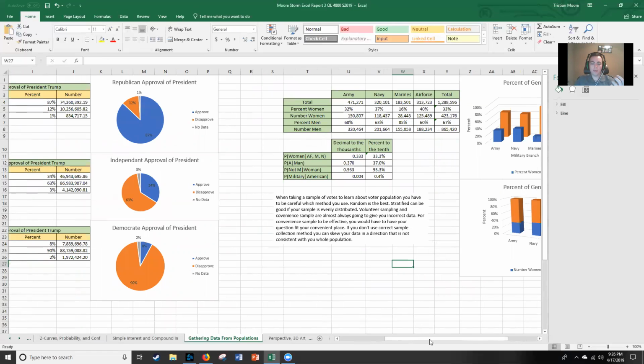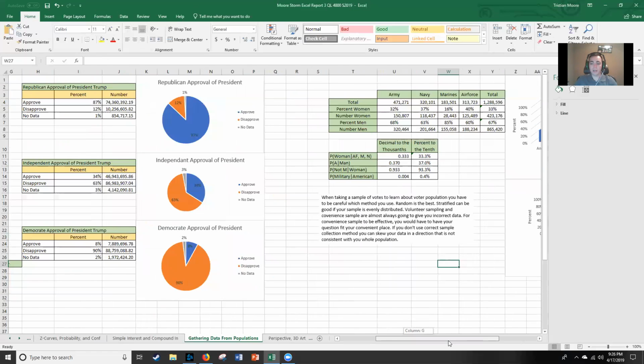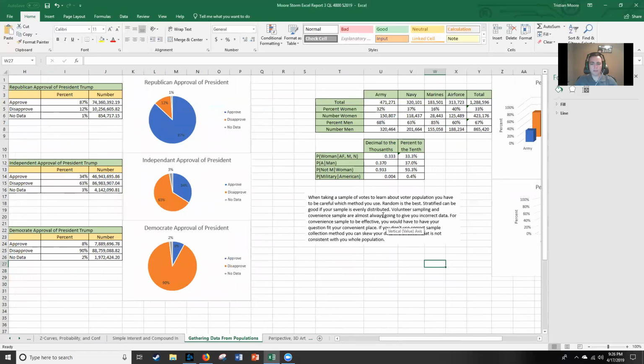For example, if you have a good representation of Republicans, Independents, and Democrats in a clustered area, you can get a stratified cluster of that specific area. Or maybe I'm thinking of clustered. At any rate, volunteer sampling and convenient sampling are almost always going to give you incorrect data.